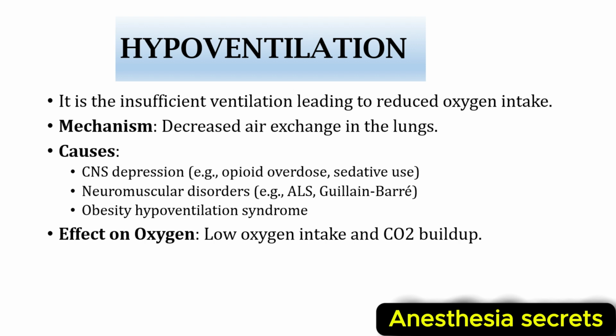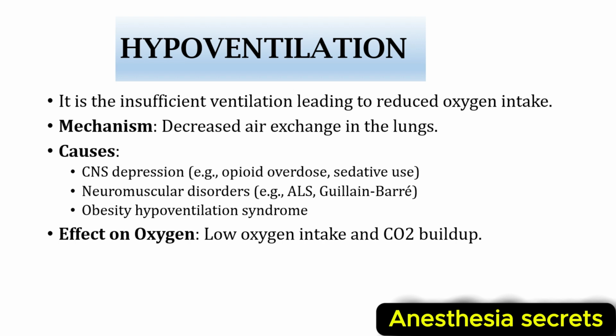All those can decrease respiratory drive, leading to shallow or slow breathing. Another class is sedative use, for example benzodiazepines, barbiturates, or alcohol, which can also depress the respiratory center in the brain.